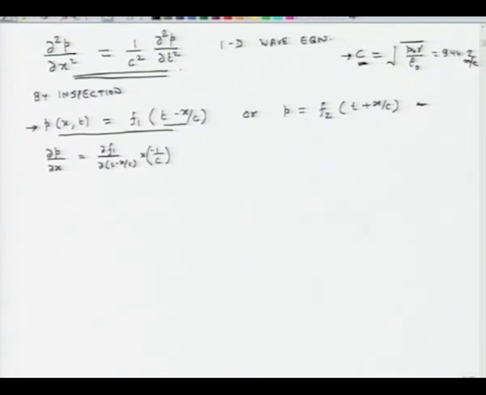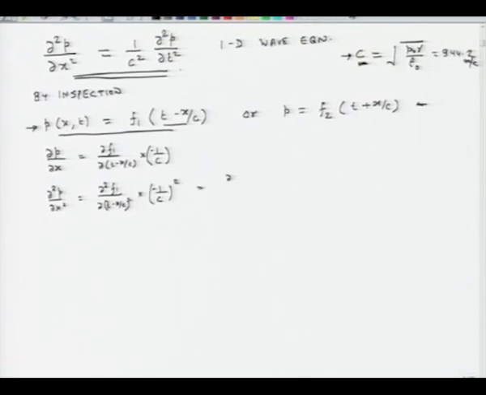Similarly, if I take the second derivative, I get del 2 p over del x square is the second derivative of f1 with respect to t minus x over c times 1 over c whole square.